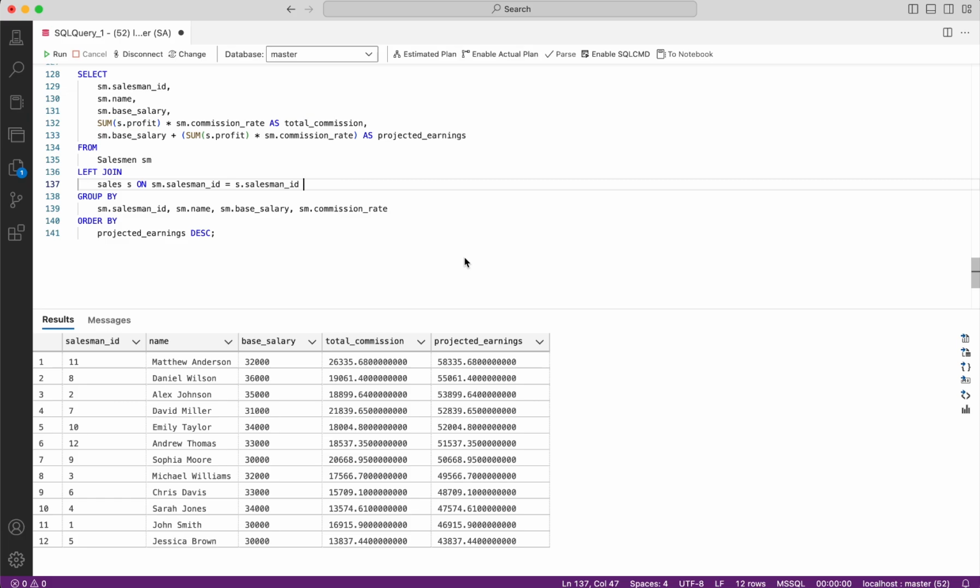When it comes to base salary impact, salespeople with higher base salaries like Daniel have a stable earnings despite slightly lower total profit compared to the other top earners. And then last but not least, in terms of performance variability, differences in total profit reflect disparities in sales success, which can directly affect commissions.